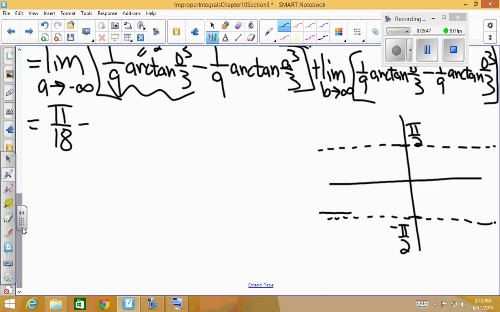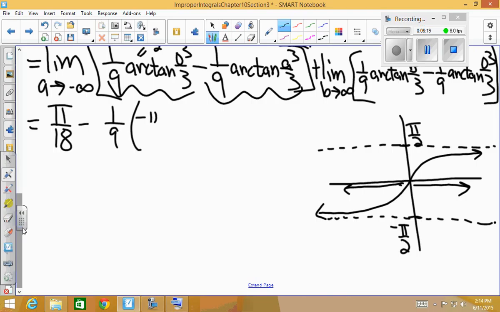The graph looks like that. As the input of the arctangent gets larger, the arctangent itself, the y-coordinate, gets closer to pi over 2. As the input gets smaller in the negative direction, the value of arctangent gets closer to negative pi over 2. So for this first limit, we end up with 1/9 times negative pi over 2.